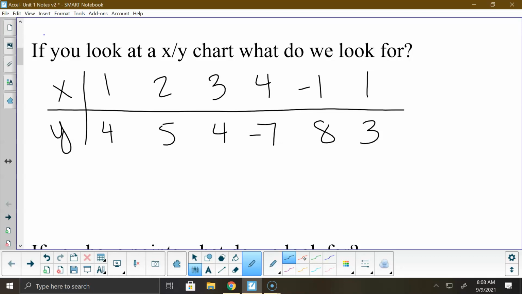Does it matter that for these two points, I have the same y value? No. I can have the same y value and still be okay. The example I use on this is your oven. Think of a function like an oven.